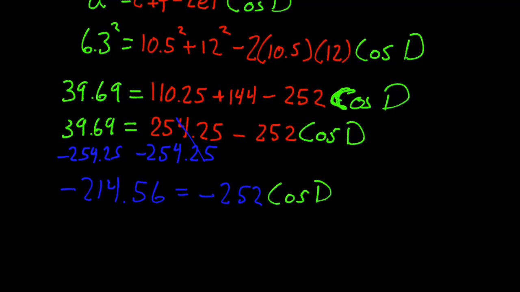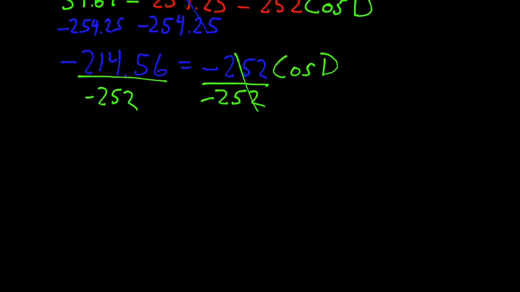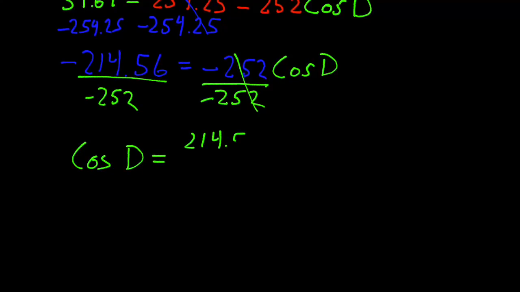Now I want to get the cosine of D by itself. So let's divide both sides by negative 252. That's going to cancel those out, and I'm going to flip it around, but I've got the cosine of d equals whatever 214.56 divided by 252 is.